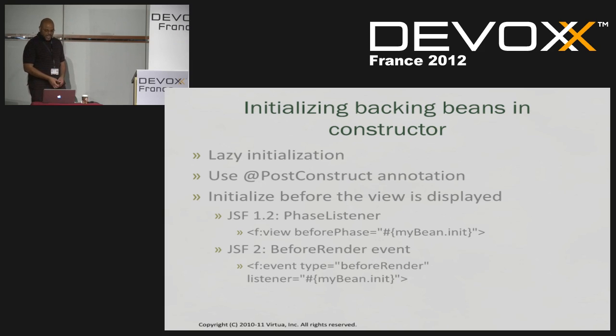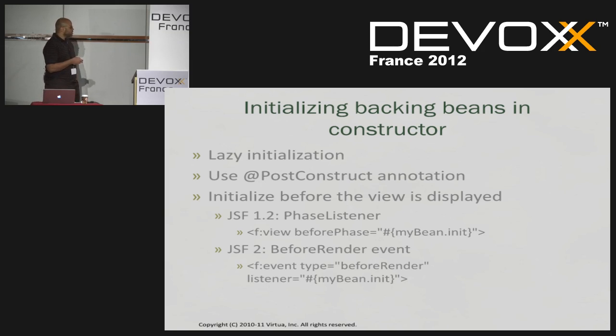Another thing which you can do is initialize the data before the view is displayed. So the post-construct is only going to happen once, right? So if you need to do some work before the view is displayed, that's when you can use a couple of other strategies. So in JSF 1.2, you can use a phase listener. And you actually can have a phase listener which is associated with a particular view.